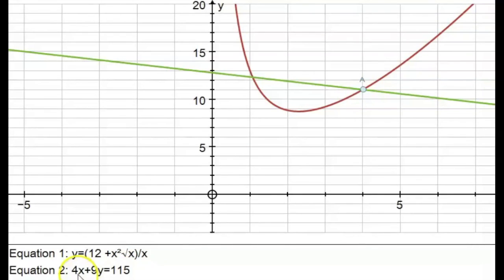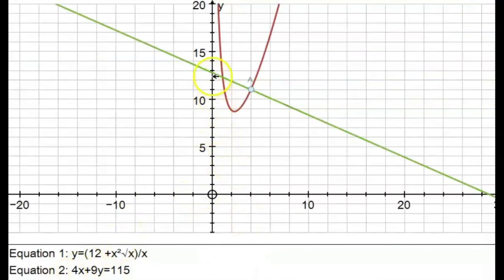We could now look at the equation of the normal that we got, 4x plus 9y equals 115, which is this line here. So this green line is supposed to be the normal to the curve at this point (4, 11), which doesn't look right, but if we think about it, our scales are different.